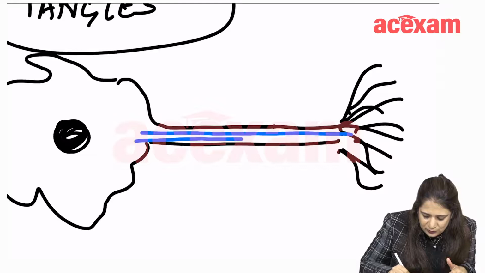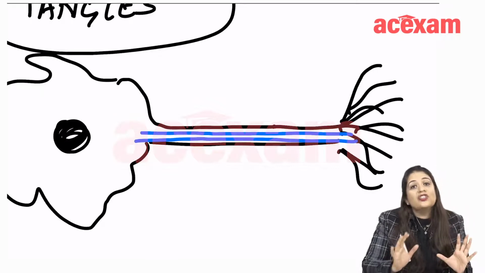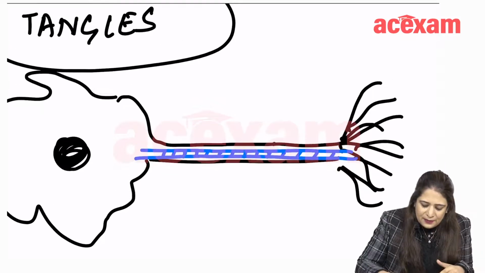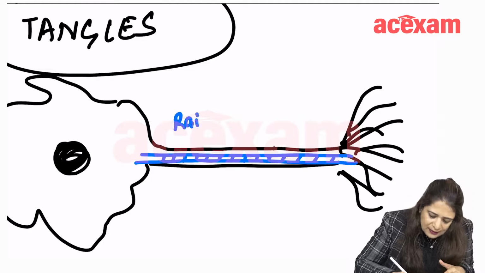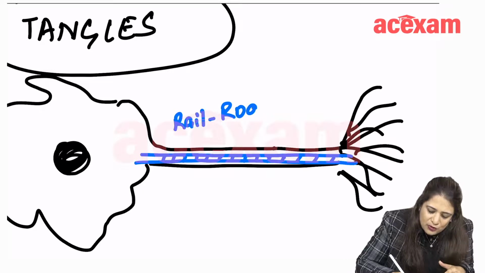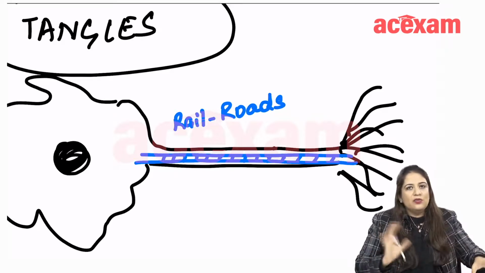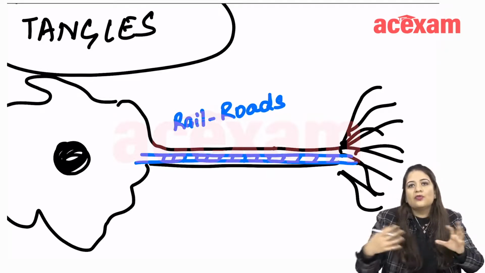These microtubules provide not only a structural framework to these axons, but they also act like railroads for the transmission of different chemical mediators and nutrients from the cell body to the dendrites.